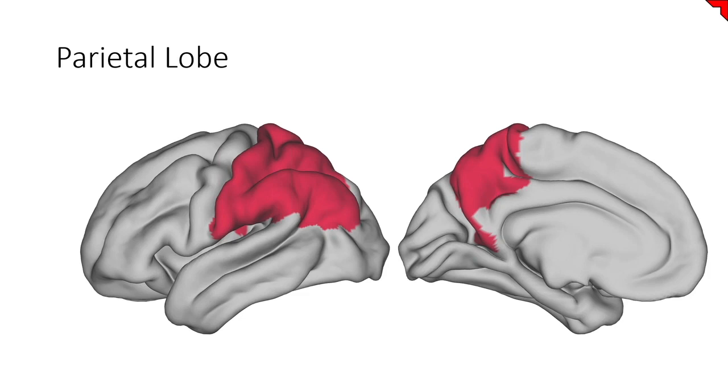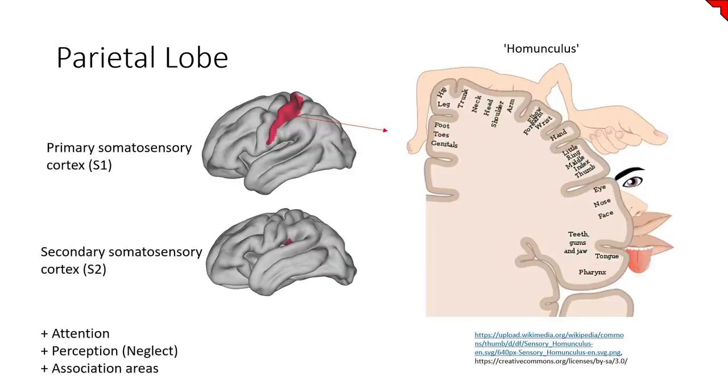The parietal lobe lies just behind the frontal lobe, separated by the central sulcus, and is most famous for its role in receiving somatosensory information.